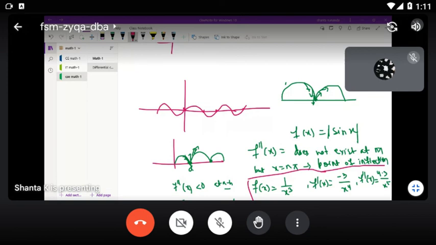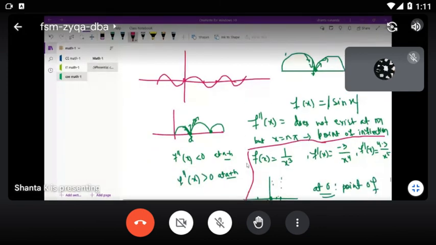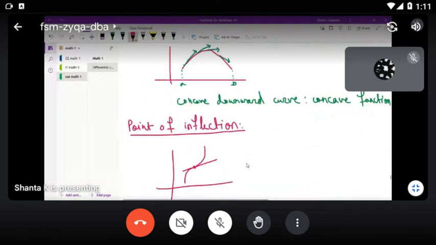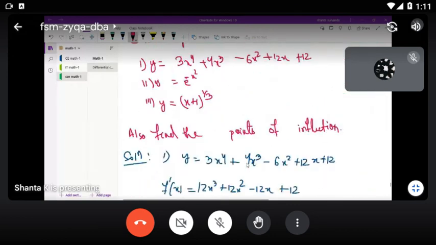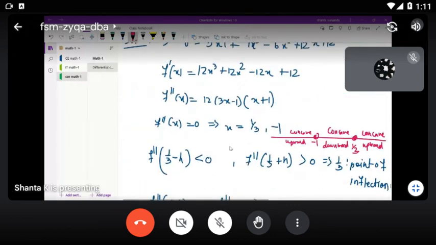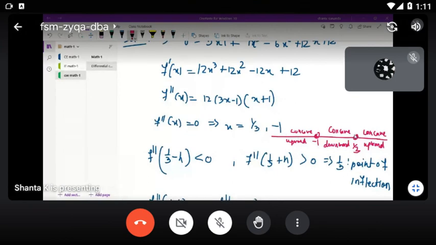Ma'am, in the first question at point 1 by 3, we have concluded that at the left side f double dash of x is negative, and at the right side it is positive. So there is a point of inflection in between, at 1 by 3 and minus 1. Yes, ma'am. Now in mod sin x, consider the point pi.